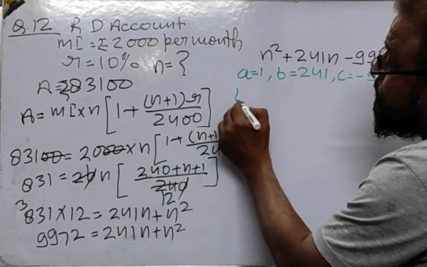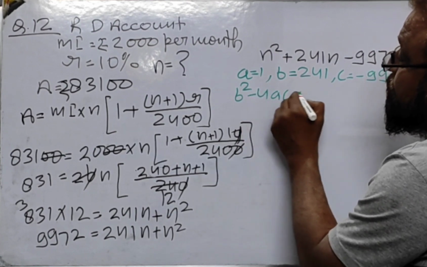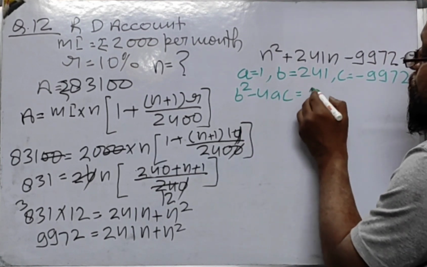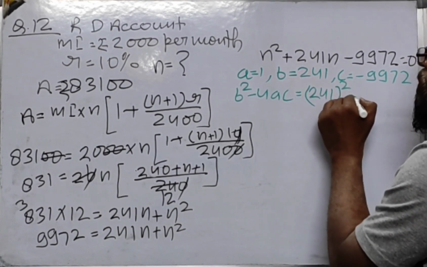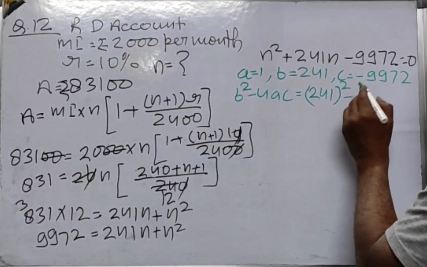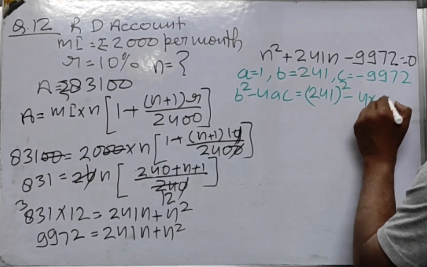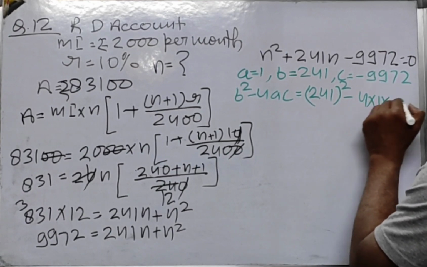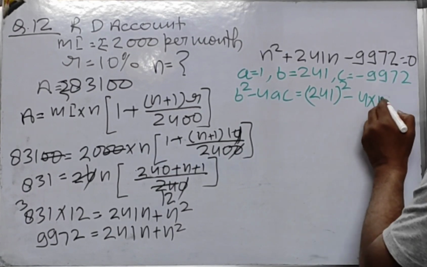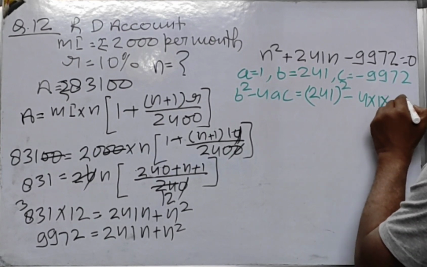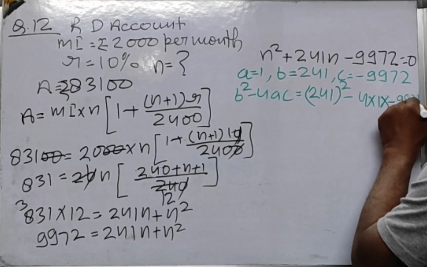So we use b square minus 4ac, so it becomes 241 whole square minus 4 into 1 into minus 9972.